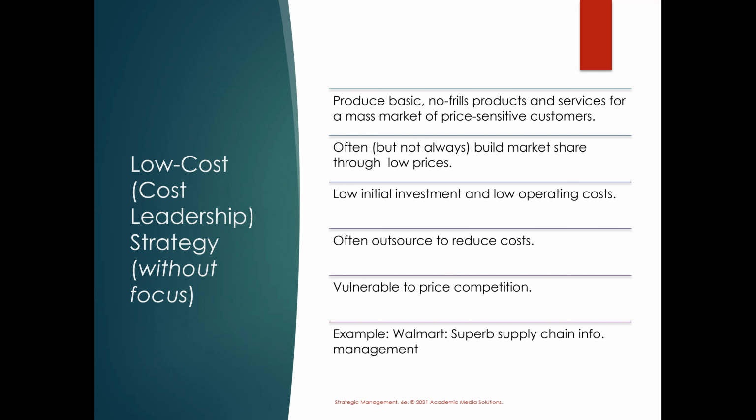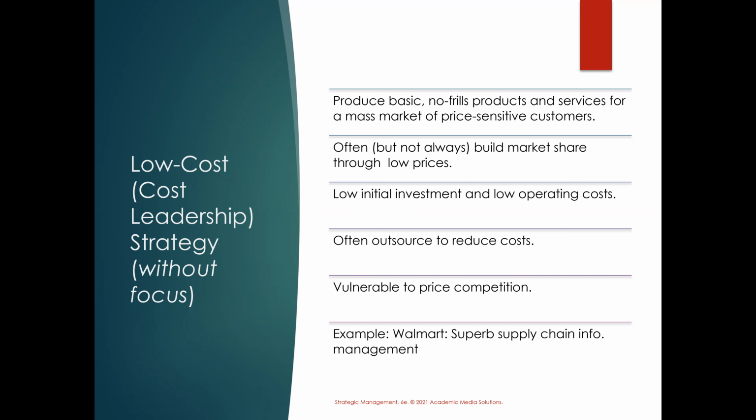And so that's why you would build market share, get market share, by using a low pricing point. And usually it involves low initial investment and low operating cost, so that way you will be able to reduce cost and be able to offer a lower price to your customers.